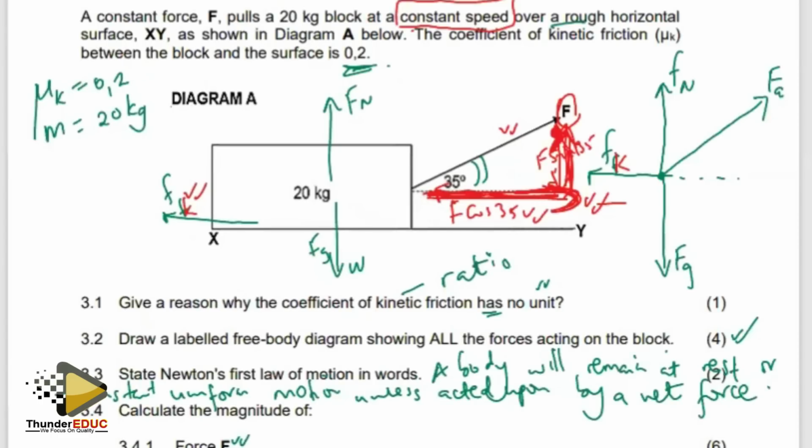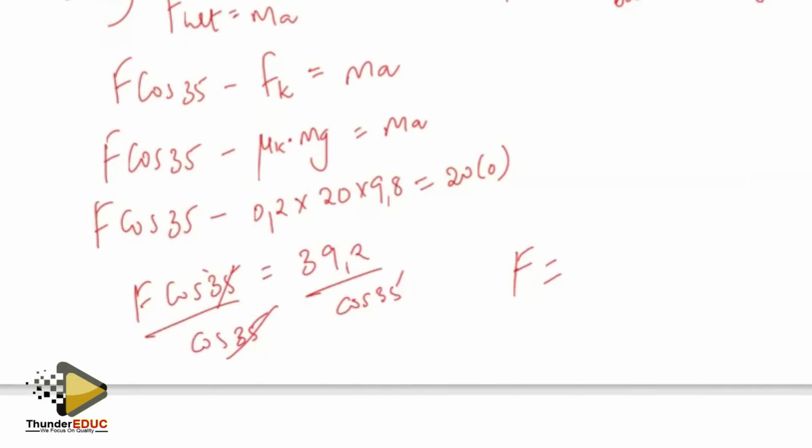Yes, it's 35, but there's something I left out in the normal reaction here. With the normal reaction, there's also that upward force, which is the sine of 35. Sine of 35 is also there, which means I have to multiply it by 2.